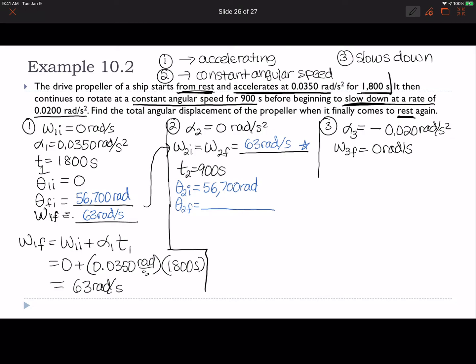So I know the time, I know the velocity, so I could use the fact that the final angular position is equal to the initial angular position plus the initial angular velocity times the time plus 1/2 the angular acceleration times the time squared. There is no angular acceleration, so that is 0. And so the final angular position is just the initial angular position plus the angular velocity times the time.